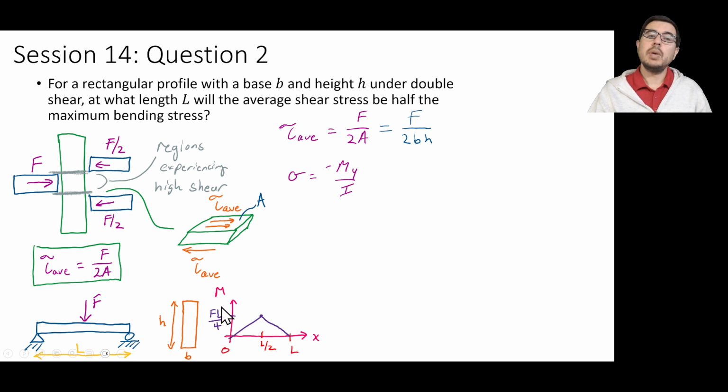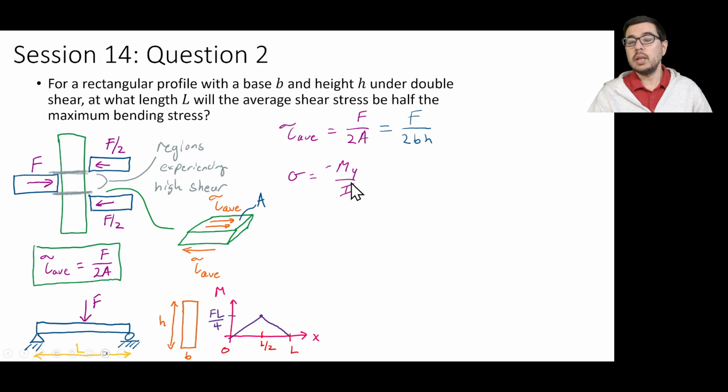So if we're thinking about what the maximum bending stress is, we want the maximum bending moment, and that's happening halfway, right underneath this force. The y is going to be h over 2 in this direction. Since this is positive and this then becomes negative, if you want a positive quantity, you would pick the negative h over 2 going in the opposite direction.